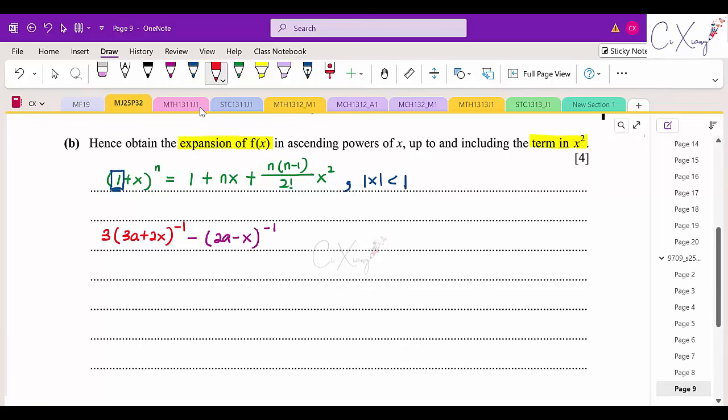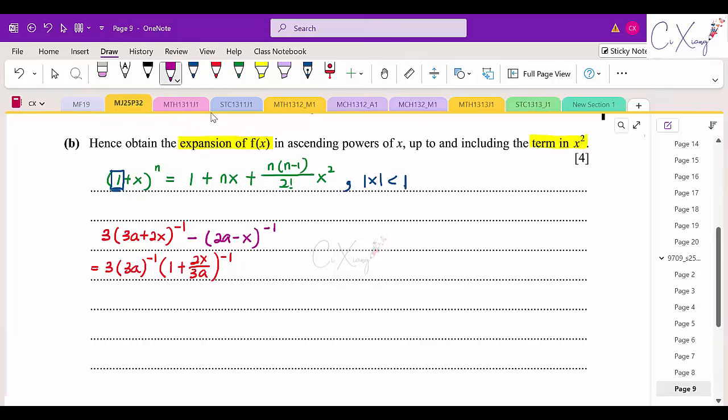Okay, so let us have a look at the first partial fraction first. The first term in the bracket doesn't start with 1. So I have to do some adjustment here. I have to factorize out the 3a and follow with the power -1. Then I'll be having (1 plus 2x over 3a), because you have taken 3a out from the bracket, so the 2x has to be divided by 3a. Then you're having the -1 here.